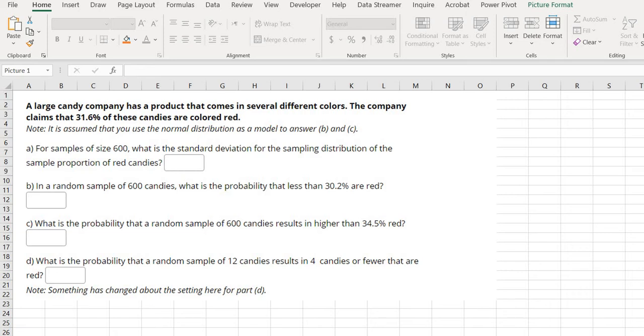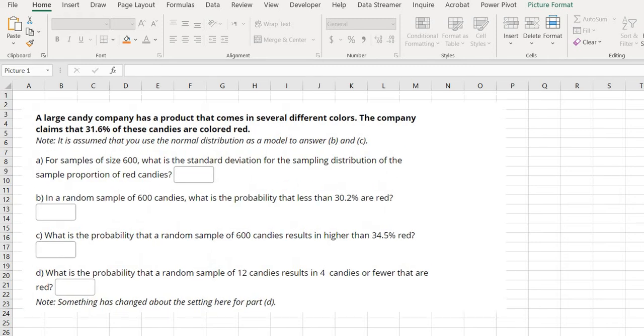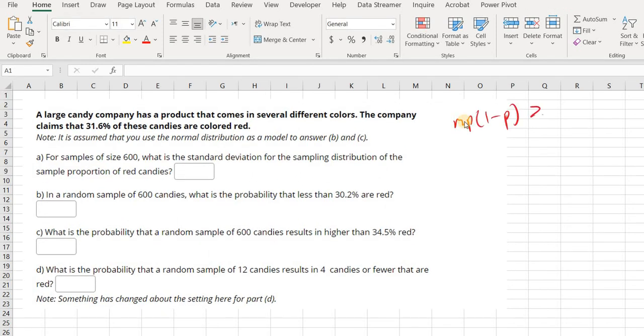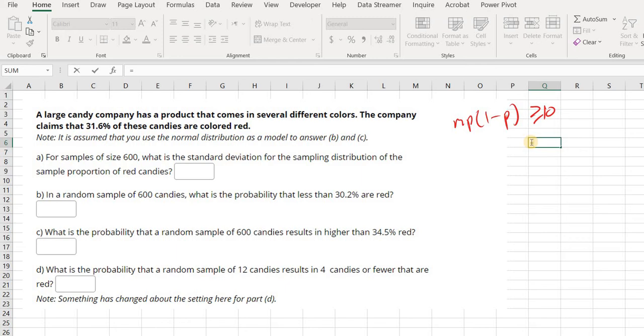And we know that because n times p times 1 minus p is greater than or equal to 10. If the condition meets the criteria, then we can treat the distribution of sample proportions as a normal distribution.